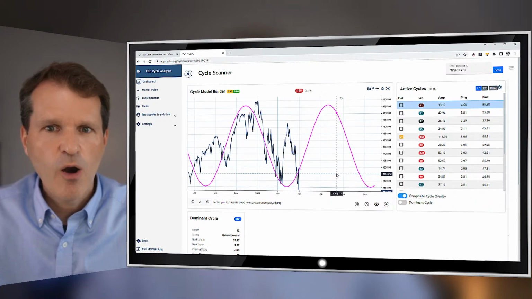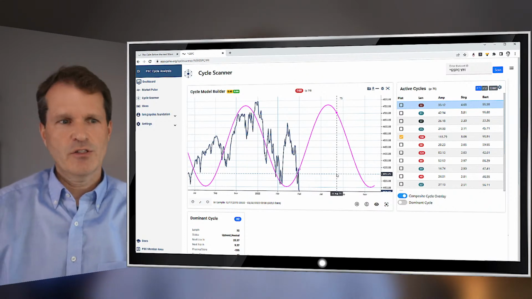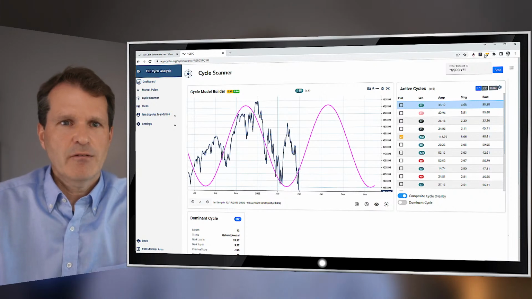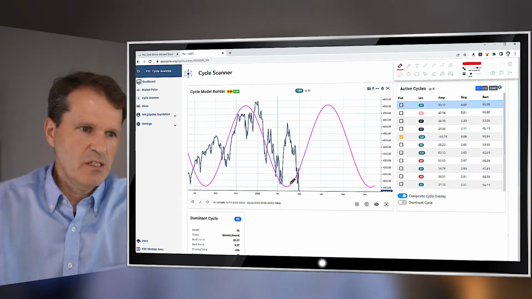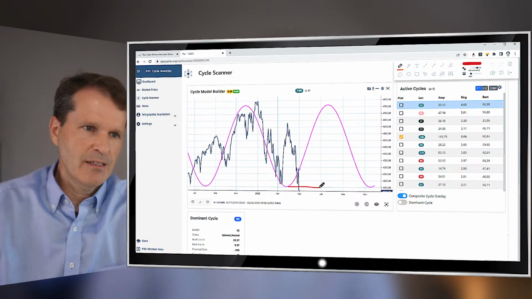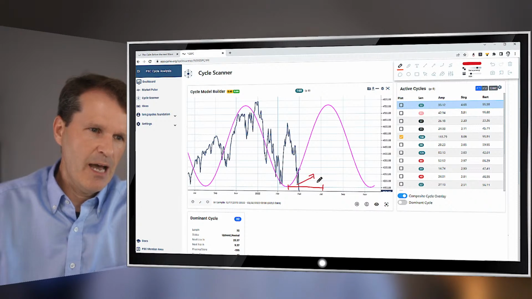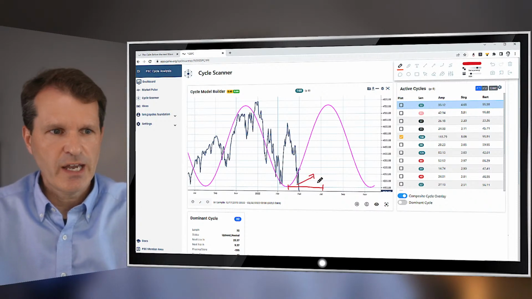But how should we read this cycle? First of all, the basic reading is that the period until June, July is expected to be the upturn phase of this cycle.